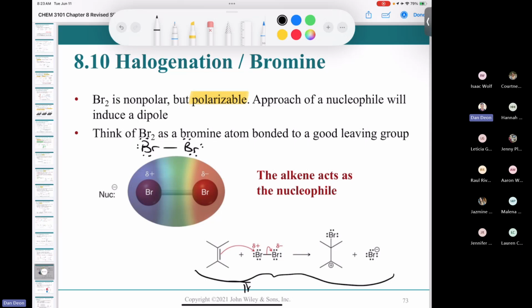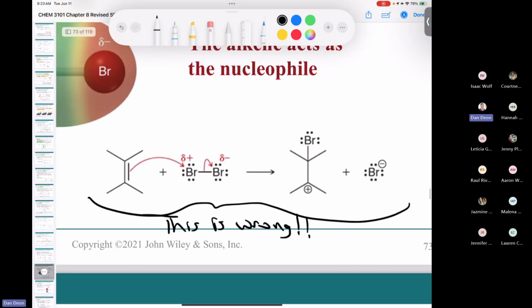However, this is wrong. This is not the right mechanism. Now, why can I say that? The reason is because if this was the mechanism, which it isn't, this is incorrect. He's trying to prove a point here. This carbocation is sp2 hybridized, and it is trigonal planar.